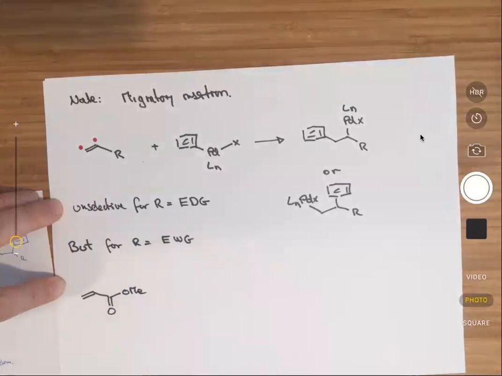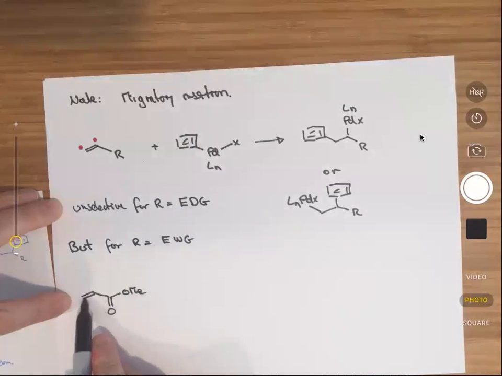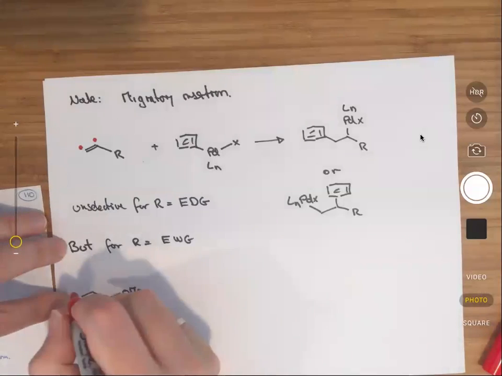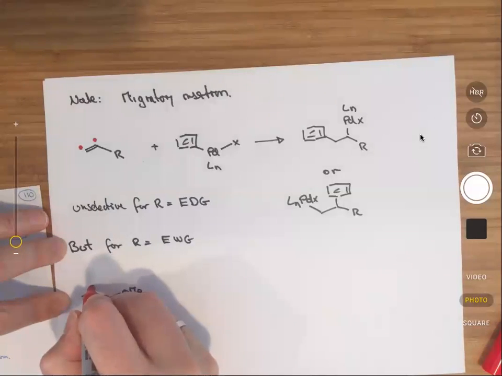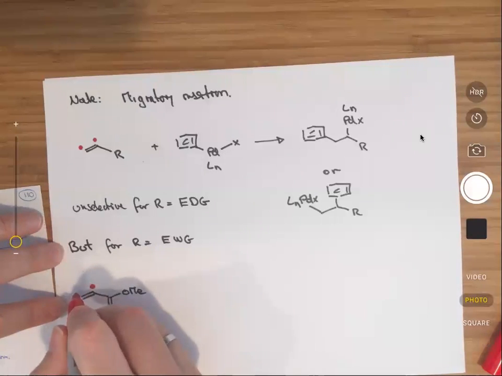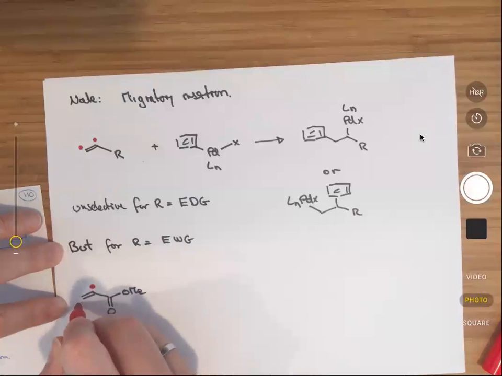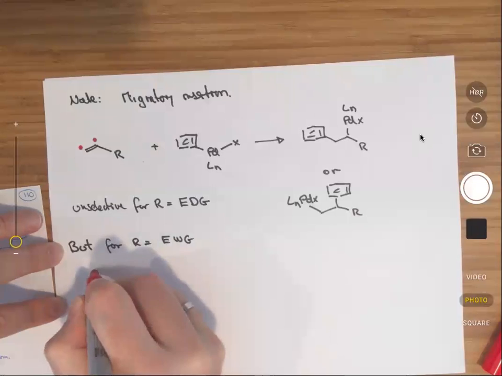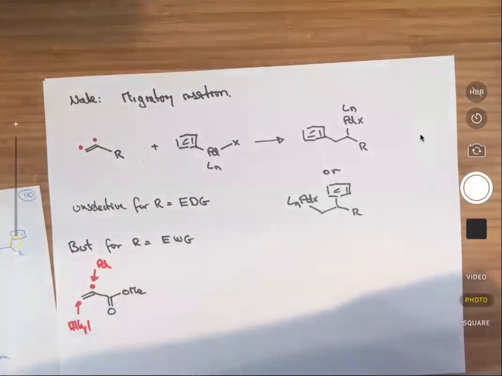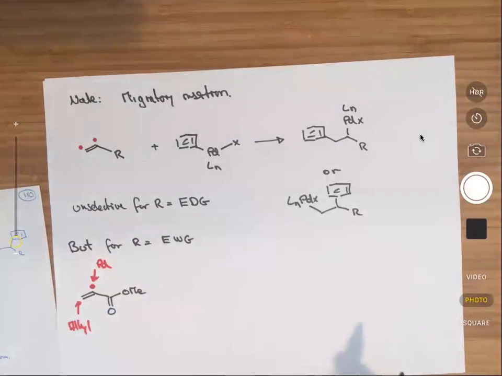OMe, for example, and you do this Heck reaction with this end here, the selectivity for the chemistry is going to be that the palladium ends up always in this position, and the alkyl group ends up in this position. So let's put the alkyl and palladium as part of this insertion.